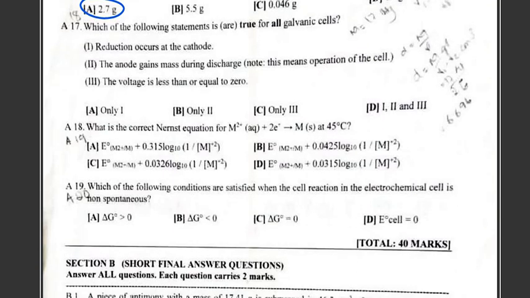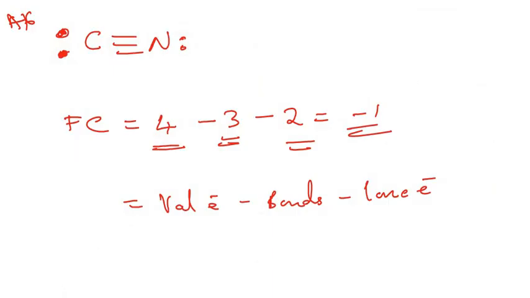Then number 17, which of the following statements are true for all galvanic cells? Galvanic is under electrochemistry. Galvanic is just a cell where the reaction is spontaneous, and the case that we have looks like this.